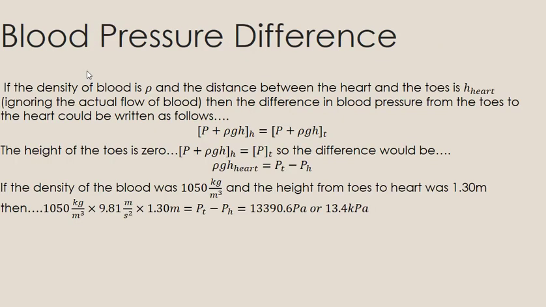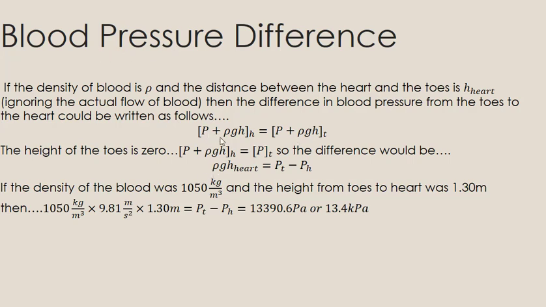So here's a problem. Blood pressure difference. If the density of blood is rho and the distance between the heart and the toes is h sub heart, ignore the actual flow of blood. We're going to make this kind of easy, very basic. Then the difference in blood pressure from the toes to the heart could be written as follows. So we start with this equation because we are ignoring all of velocity.